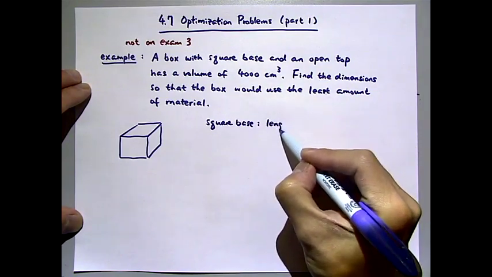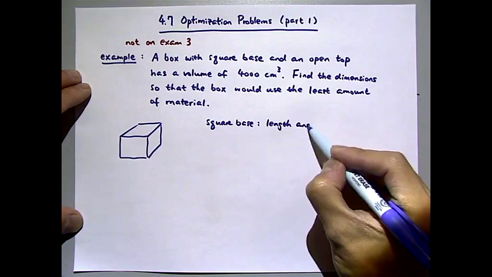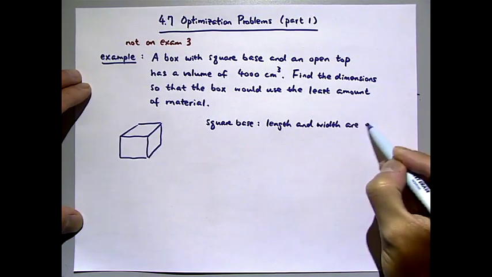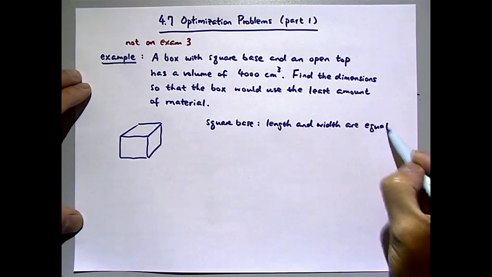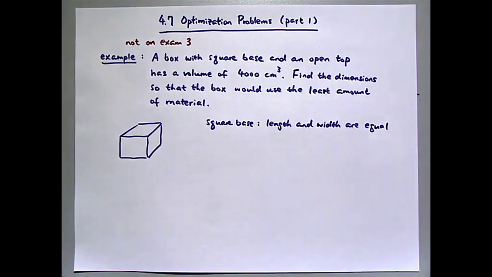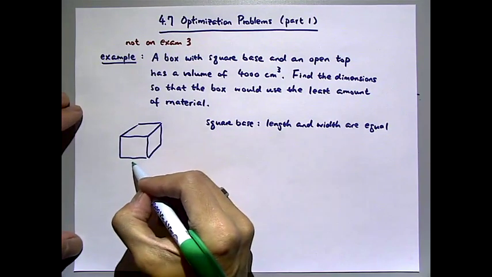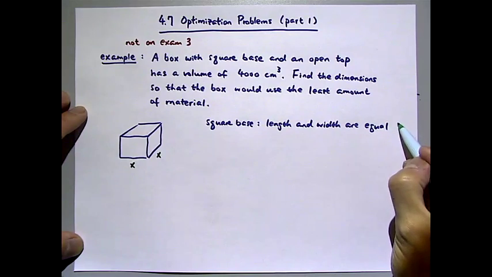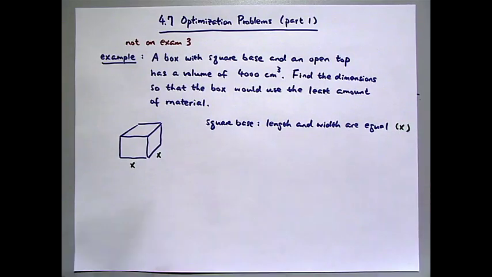So that means the length and the width are equal. Square base, so it's got the same length, the same width. We don't know what it is. That's part of the things we have to find, so you have to start by giving it a name. Let me call those things x. Both of those are x.